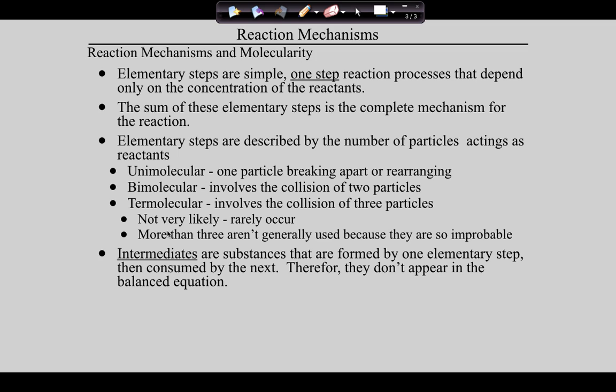You can probably understand why they call them intermediates, the in-the-middles. These intermediates are substances that are formed by one elementary step and then consumed by the next. As a result, they don't show up in the balanced equations.